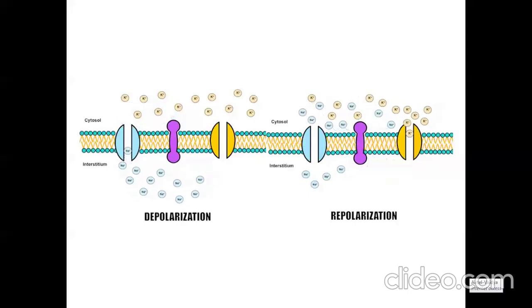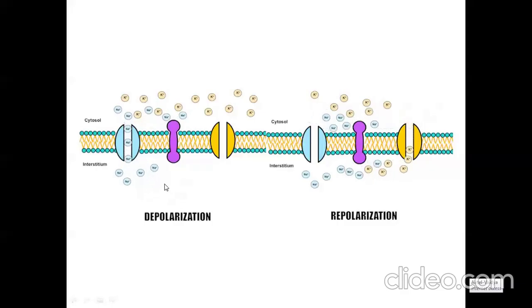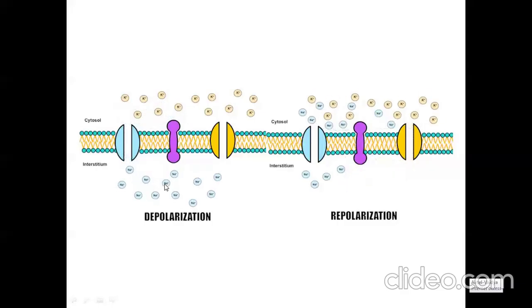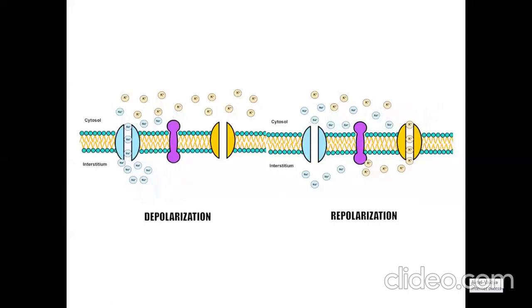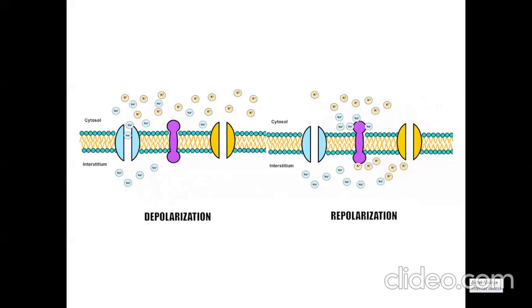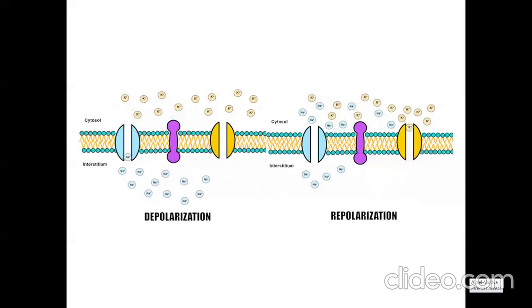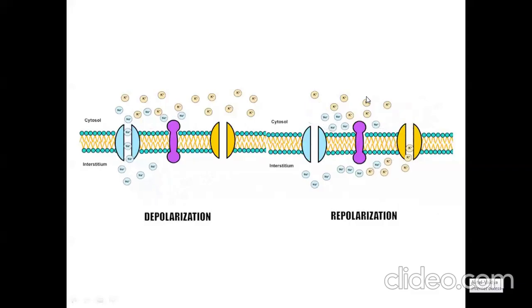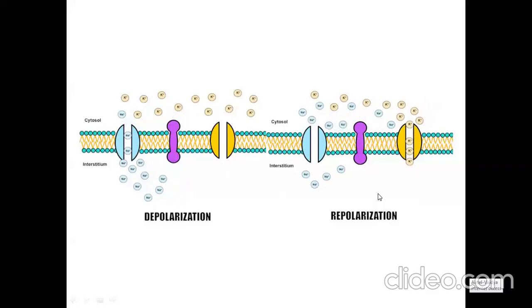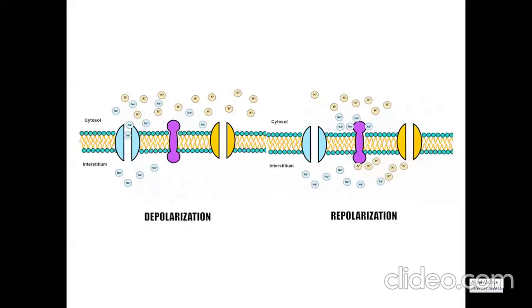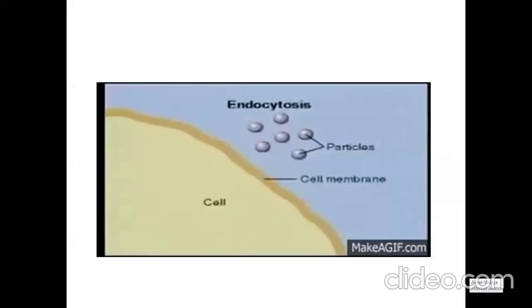So what happens during depolarization is that sodium ions from outside of the cell move inside. This is getting depolarized. And when the sodium ions are getting inside, in another stretch the potassium ions come outside. That is repolarization. This is only the conduction or transmission of impulse.